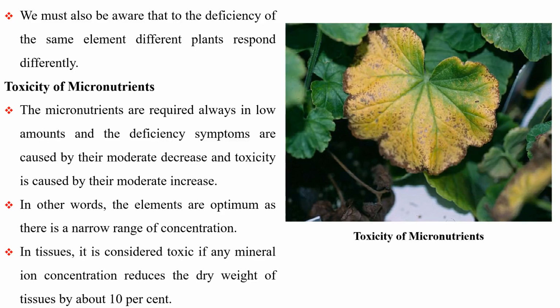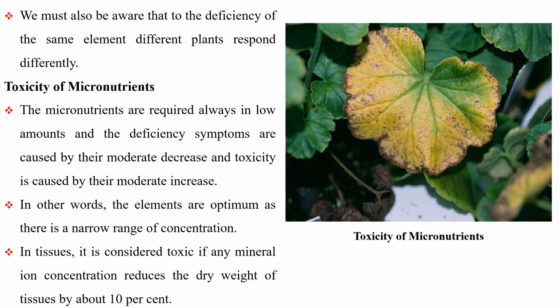Toxicity of micronutrients. The micronutrients are required always in low amounts, and the deficiency symptoms are caused by their moderate decrease, and toxicity is caused by their moderate increase. In other words, the elements are optimum within a narrow range of concentration.